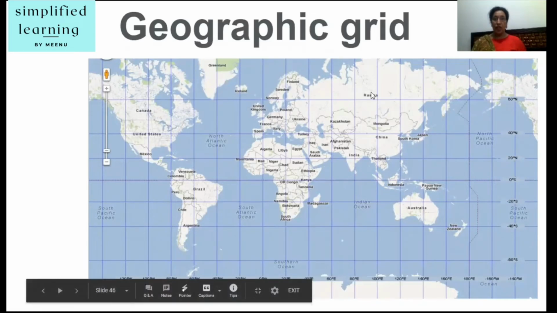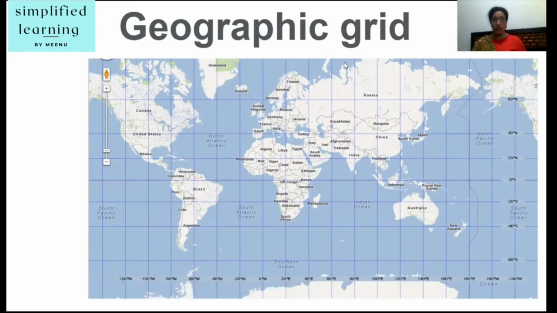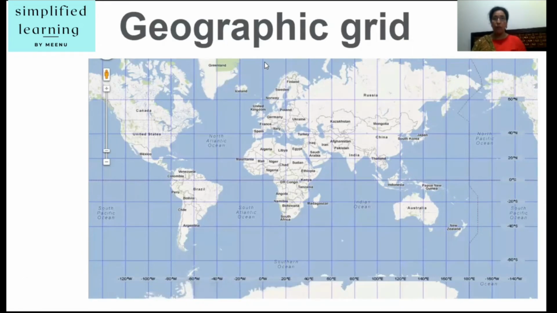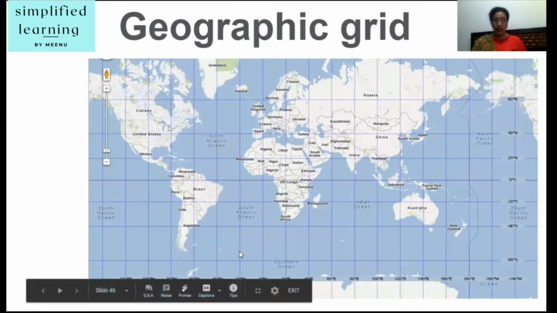Then we have longitudes, these vertical lines, which start at the 0-degree longitude. Here, this is 0-degree, which is known as the prime meridian. So, the prime meridian divides the earth into western and eastern hemispheres. You can see here, it is 20-degree west and here you have 20-degree east.